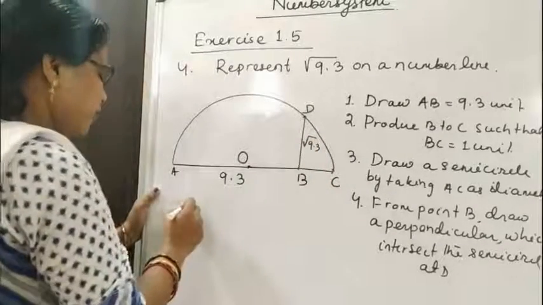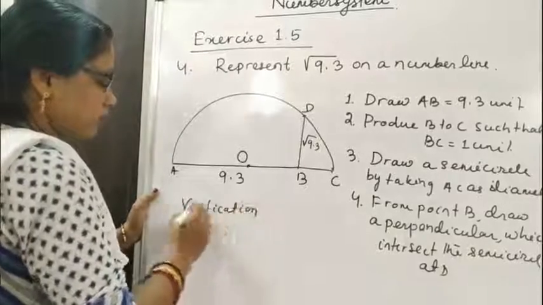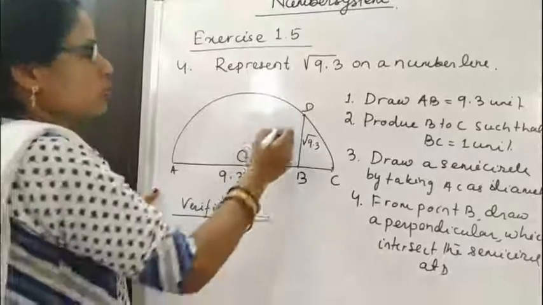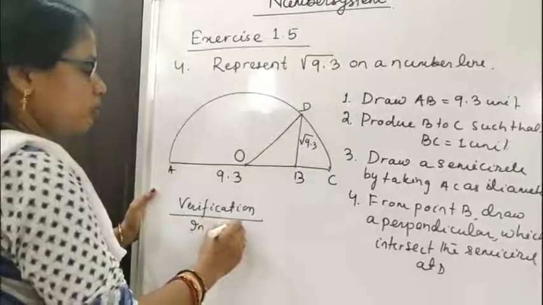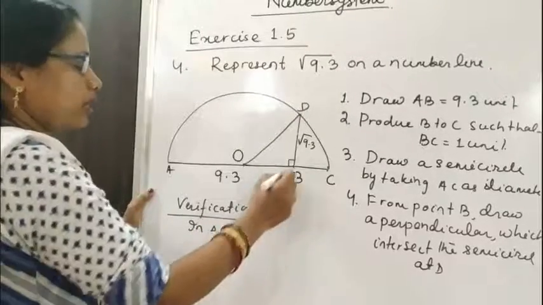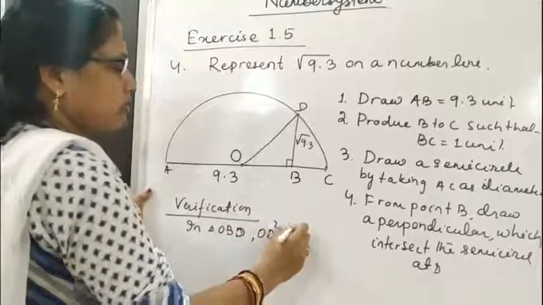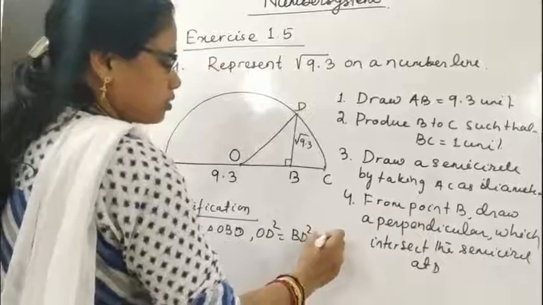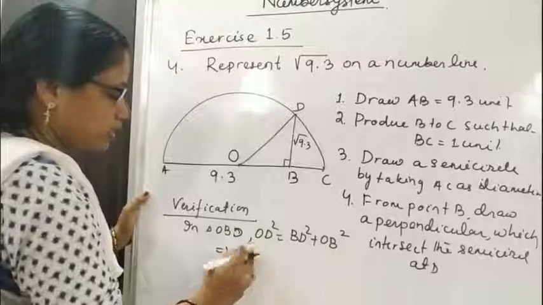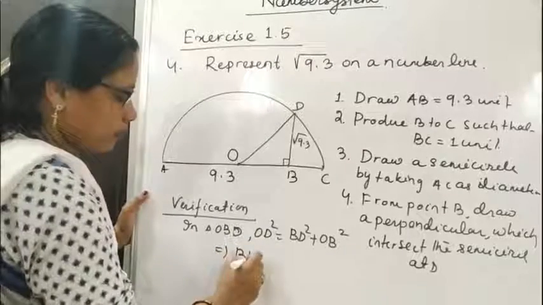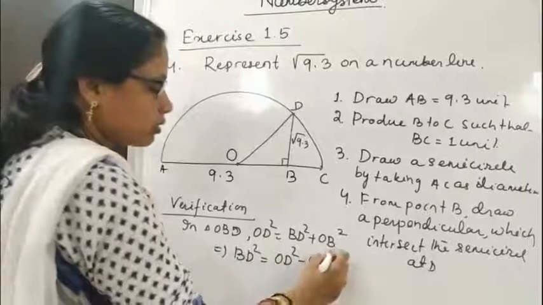So how will we verify this? Verification: first join OD. In triangle OBD, this is perpendicular, so OD square is equal to BD square plus OB square. This implies BD square is equal to OD square minus OB square.